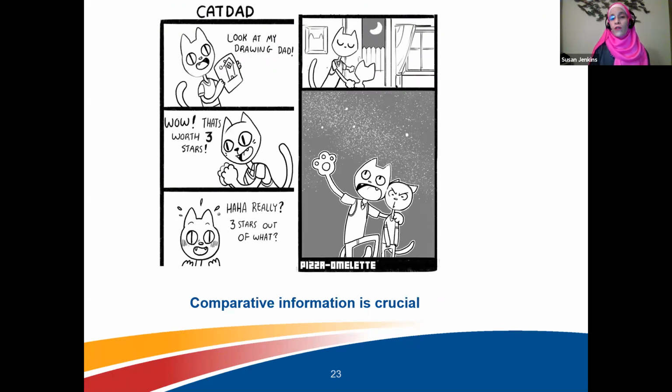If it's 3 stars out of 5 stars, it's mediocre. Or in this case, if it's 3 stars out of the billions of stars that are in the universe, it's pretty bad. But in order to know what that 3 means, we need to have that comparative information, that baseline information, or that community census population information. So you need that comparative information, much of which can come from your baseline data.